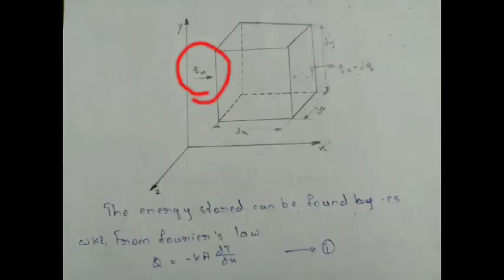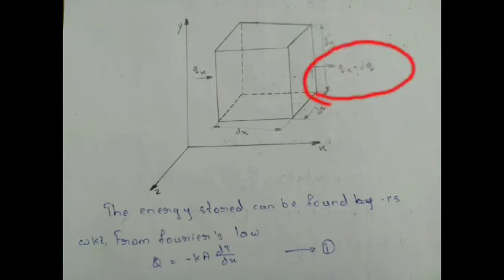Here Qx is the heat entering the element in the x direction, and Qx plus dQ is the heat at the outlet, and the term dQ is the heat or energy present inside the element. As you can see in the diagram, here is Qx which is entering, and Qx plus dQ is the outlet.